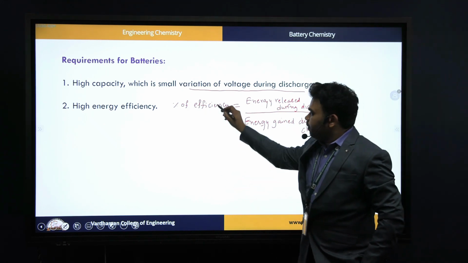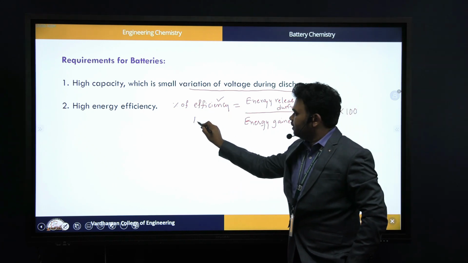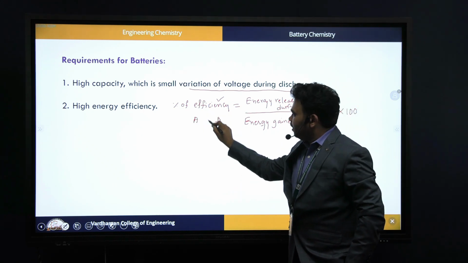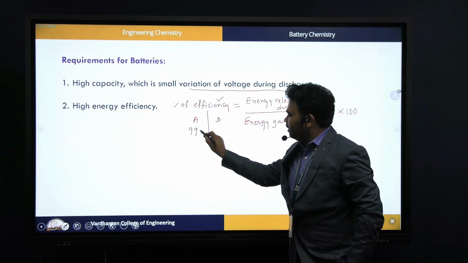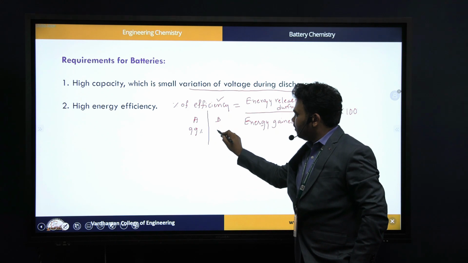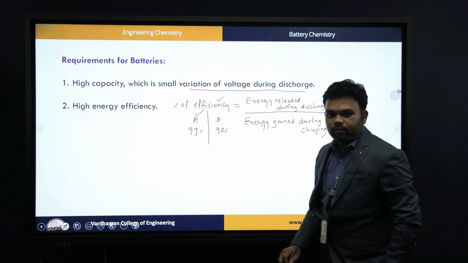If we get a higher percentage of efficiency, we can say that it is a good battery. Suppose let us consider A and B batteries. If we calculate for the A battery, the percentage of efficiency is 99%, and for the B battery it is 90%, then we can say that the A battery is a good battery.